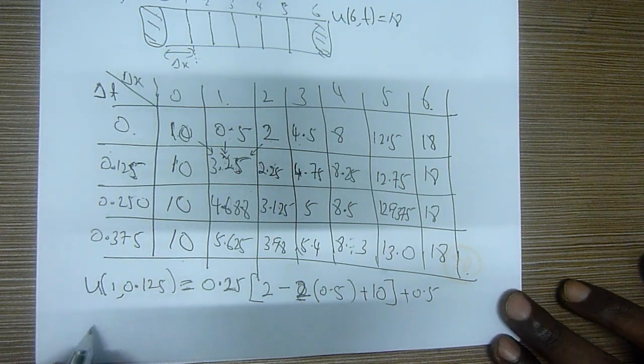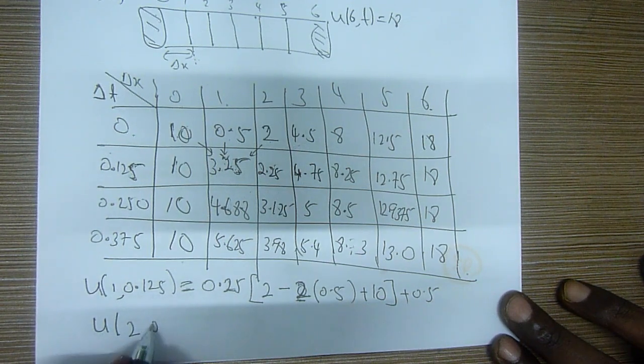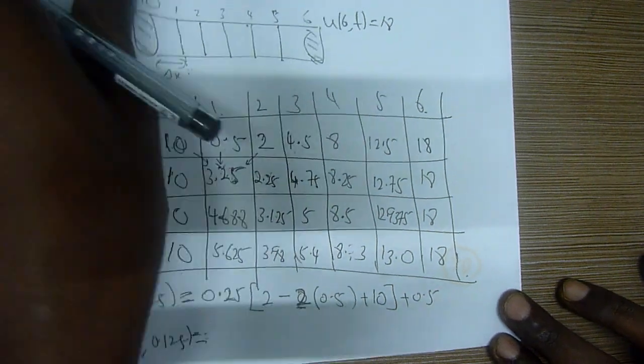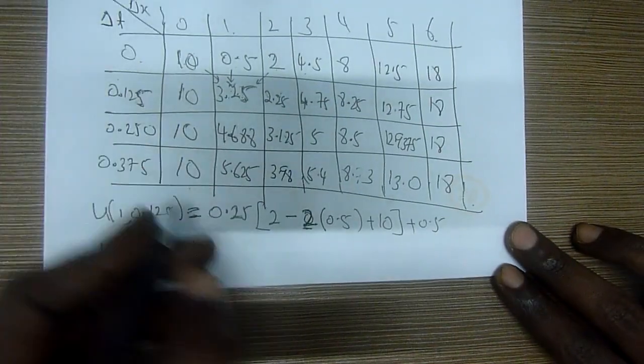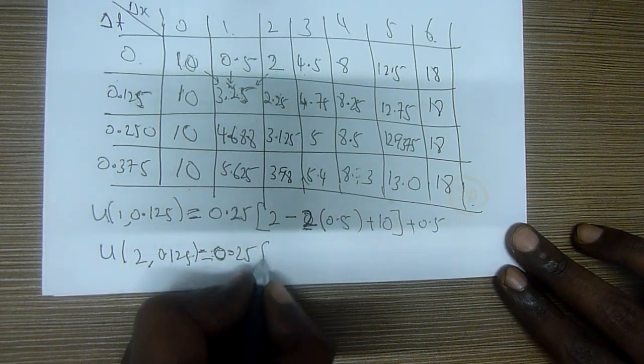Again, you can give a try for one more model here. 0.125, same here. Calculate and see first. Same, I'm trying to give you the idea. 0.25.